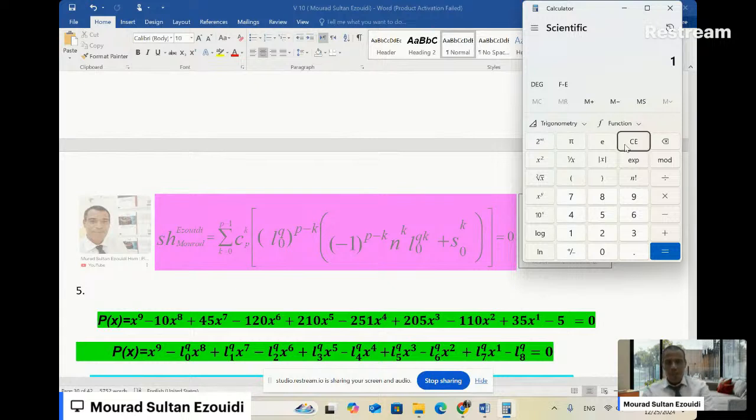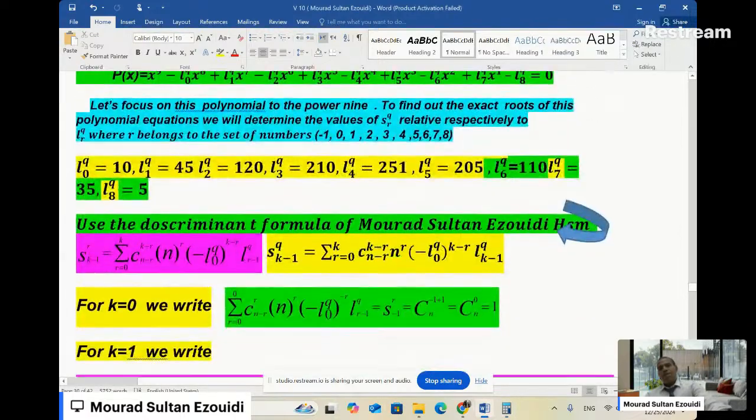It will be 1 minus 10 plus 45 minus 120 plus 210 minus 252 plus 210 minus 120 plus 45 minus 10 plus 1. So this one is equal to 0. Means that in fact 1 is a root.